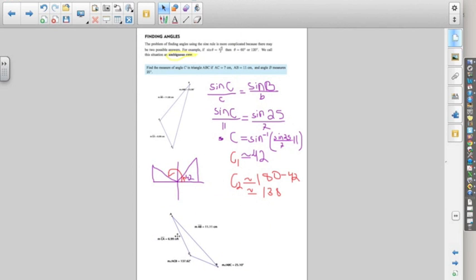So notice here we still have an angle of 25 degrees for B, and we still have 7 and 11, but now this angle here, the angle C, is now an obtuse angle. So there are some cases, particularly if a diagram is not drawn and you can't tell if it's an acute or an obtuse triangle, that there may be two different solutions.